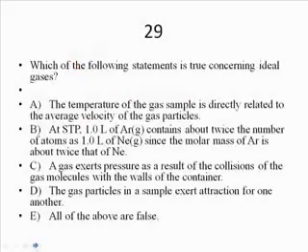29. Which of the following statements is true concerning ideal gases? A says the temperature of the gas sample is directly related to the average velocity. No. The temperature is proportional to the average kinetic energy.